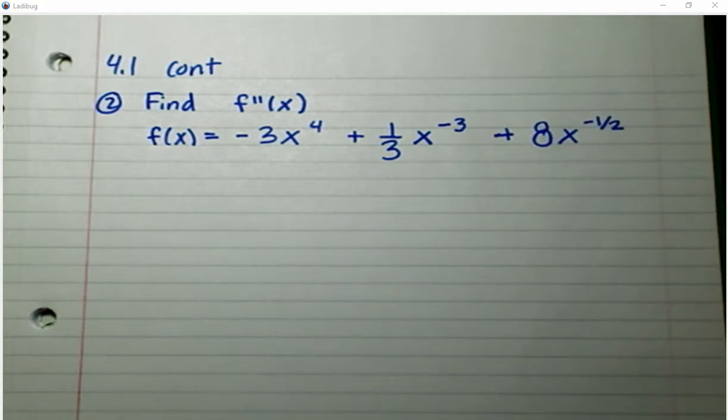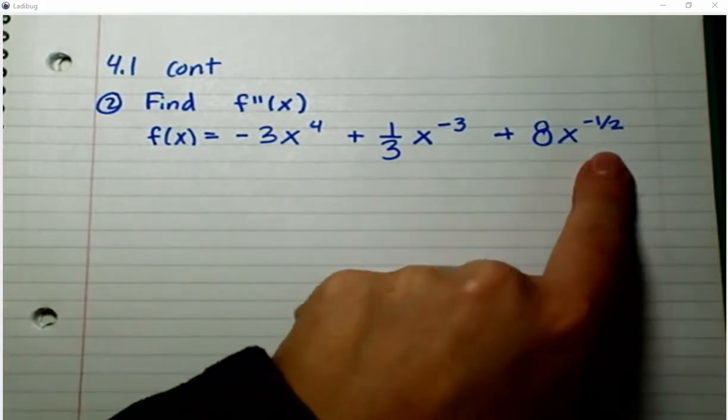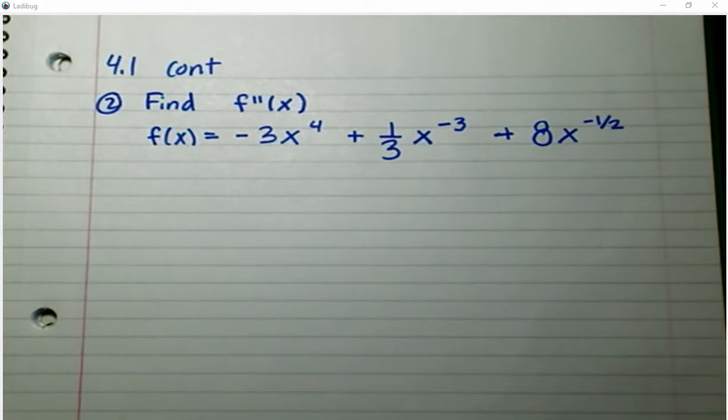Okay. So we've got a positive integer, a negative integer, and a negative fraction exponent.